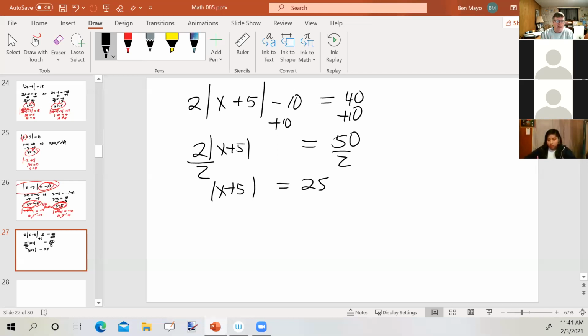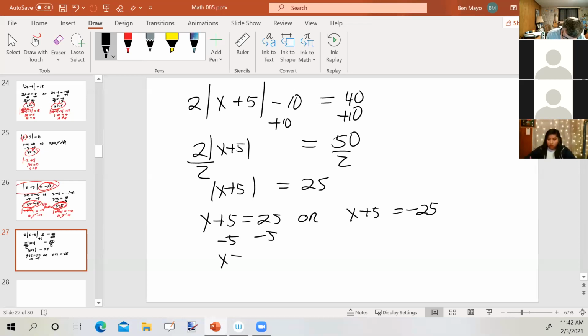So again, I've isolated the absolute value term. Now I can split it up and say x plus 5 equals 25, or x plus 5 equals -25, and then go on and solve both equations. To solve the equation on the left side, subtract 5, we get x equals 20. To solve it on the right side, subtract 5, and we get x equals -30.